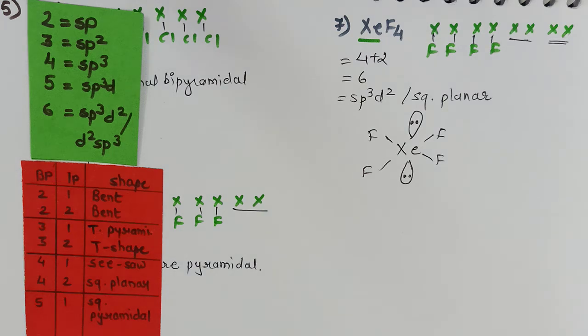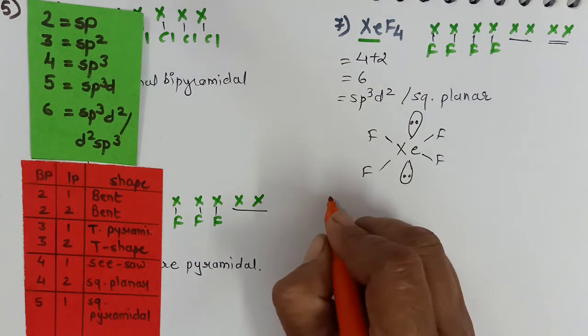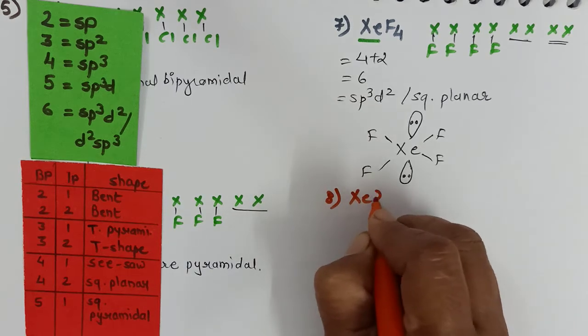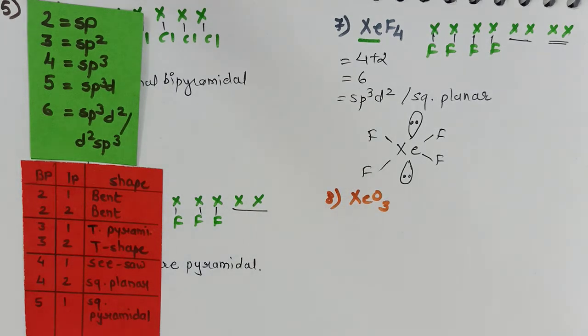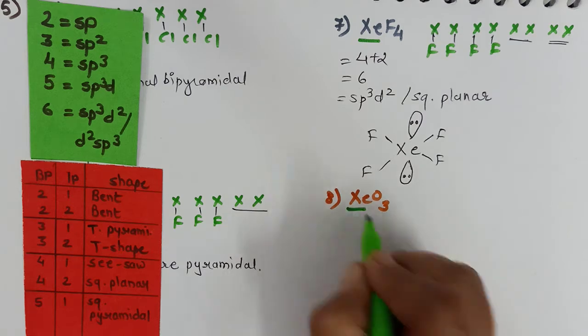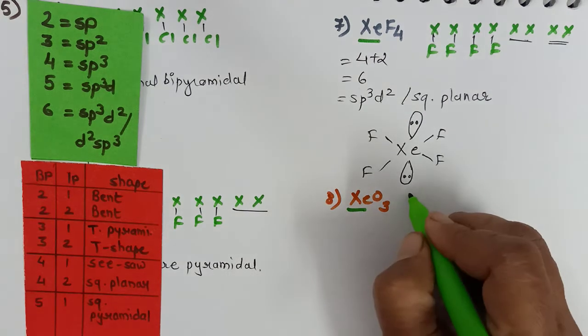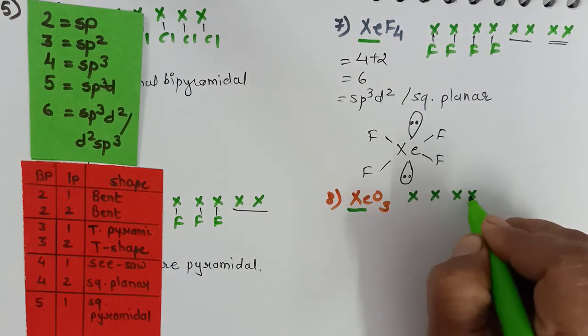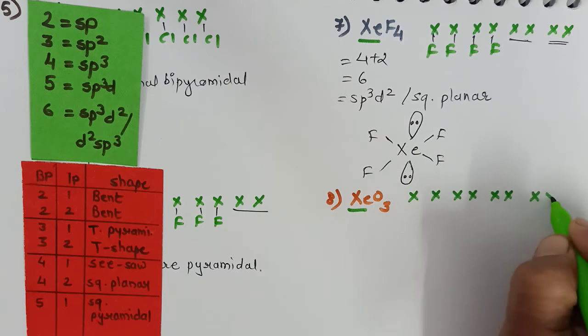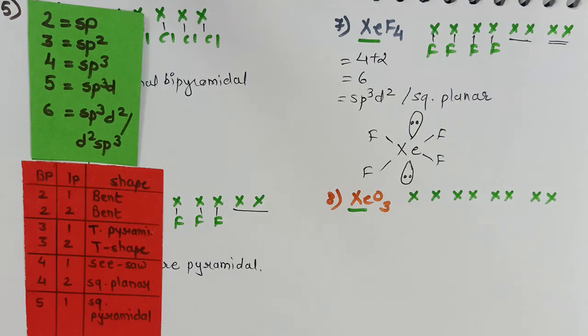Next example is XeO3, xenon trioxide. So xenon undergoes hybridization. In xenon there are 8 electrons in the outermost shell, and just now I have told you whenever oxygen makes some bond, it utilizes 2 electrons as it makes a double bond.